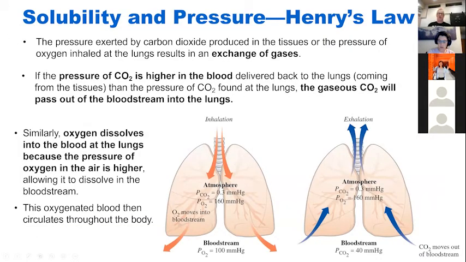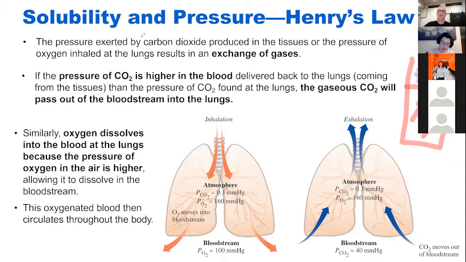So Henry's law, a person named Henry, noticed that if you had a bottle with a liquid in it, and there was gas dissolved in the liquid, you would be able to dissolve more gas in the liquid if there's a high pressure of gas on top.